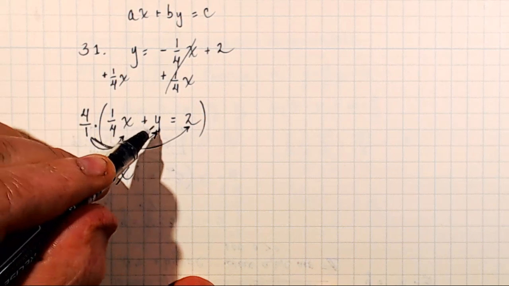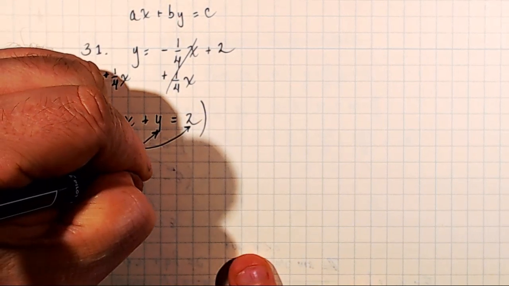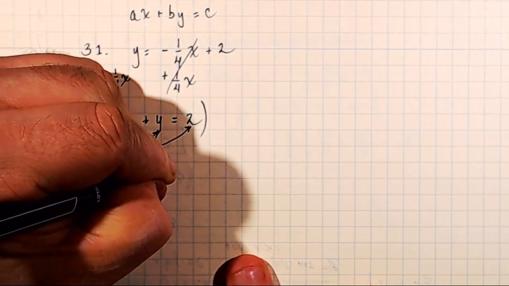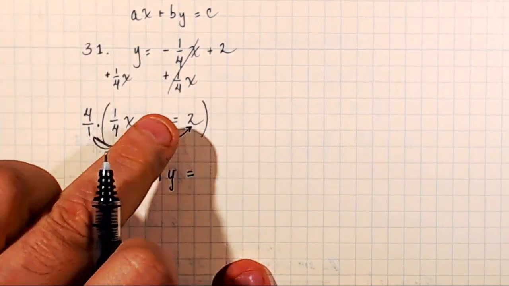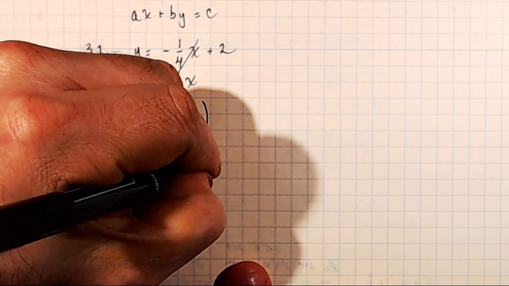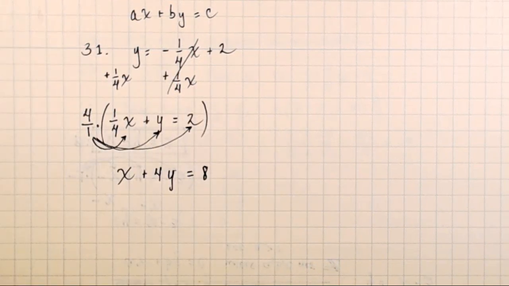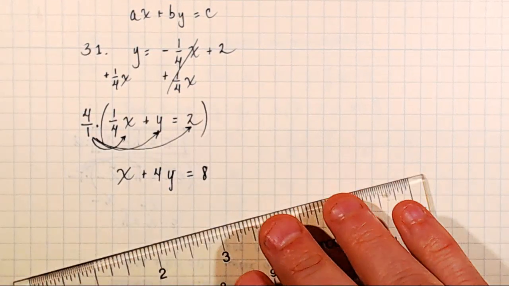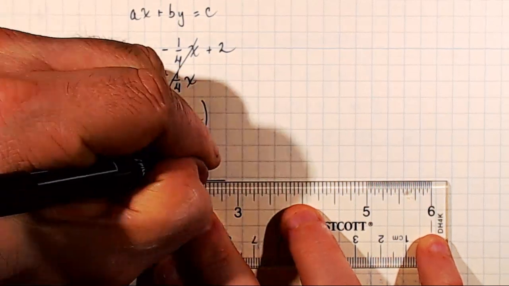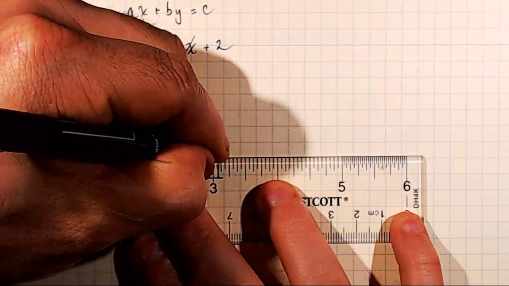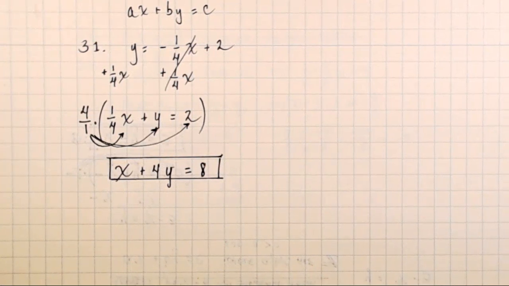Now, 4 over 1 times y gives plus 4y, equals 4 over 1 times 2 gives 8. So x plus 4y equals 8, and that is the standard form equation of that line.